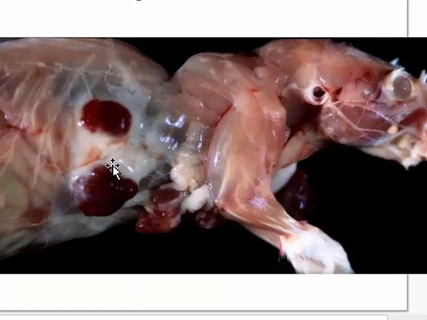Okay, one last picture, multiple hemangiosarcomas, and just to say that mice will get the full range of tumors of all types of animal species. If you're presented with a tumor, I would go to the INHAND nomenclature site, which is run by, or at least co-run by, the Society of Toxicologic Pathology.